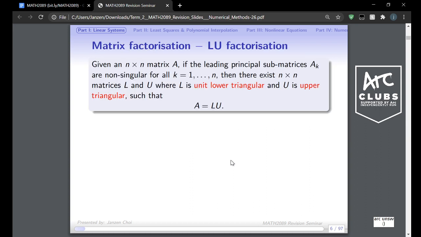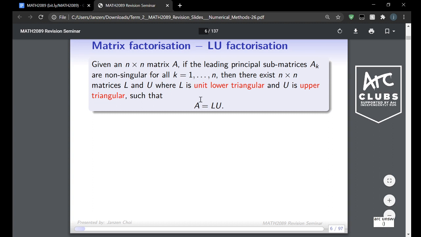Alright, so basically if the leading principal submatrices are non-singular or invertible, then the matrix can be factorized into unit lower triangular and upper triangular matrices, so L and U. A leading principal submatrix, A_k, is a submatrix with only the first k rows and k columns remaining, so these principal submatrices would be square.